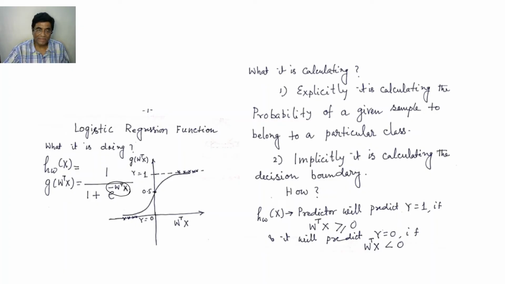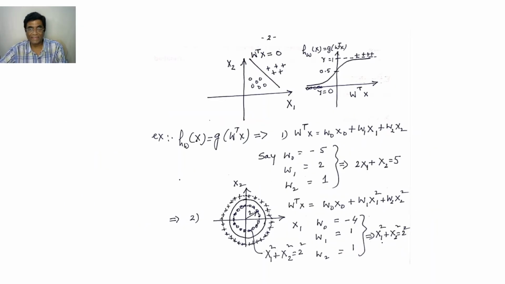Greater than 0 means it belongs to here, less than 0 belongs to here. So you see, the predictor predicts y equal to 1 if W transpose x is greater than 0. It will predict y equal to 0 if W transpose x is less than 0. So beautiful, right?